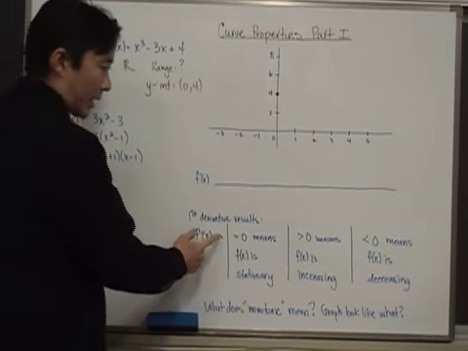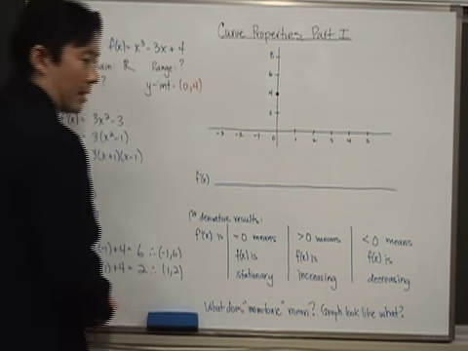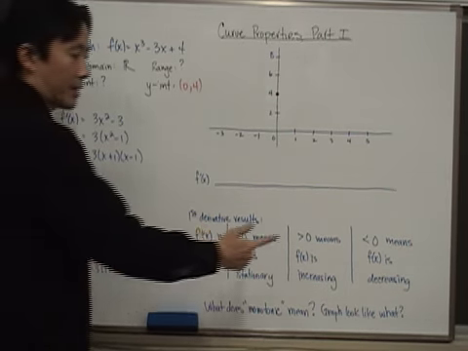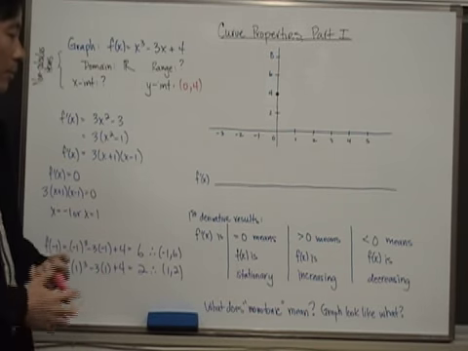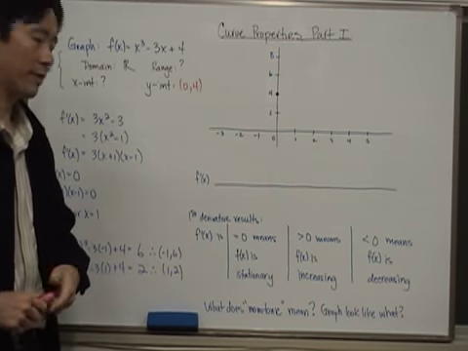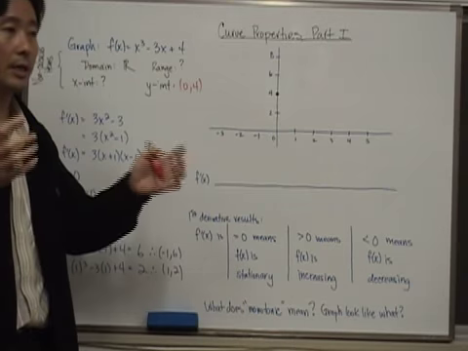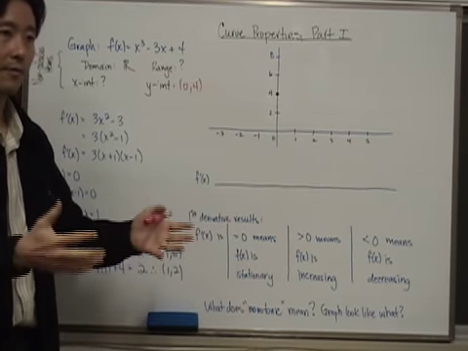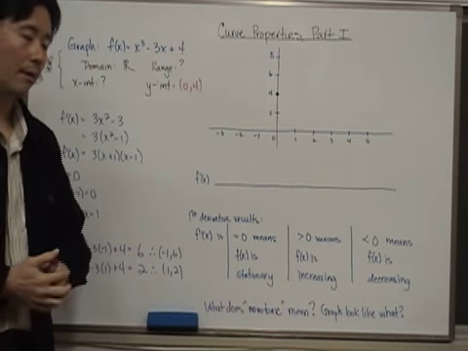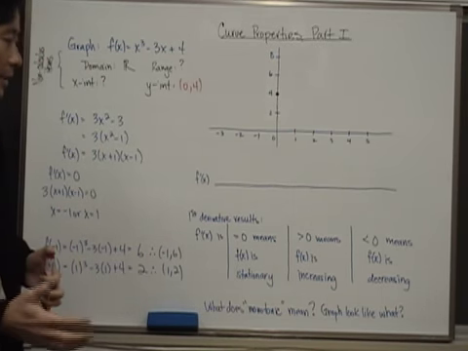If f prime of x is less than 0, that's going to mean that f of x is decreasing. Again, what we're doing is taking a look at the first derivative, and the most important thing is we're going to look at its sign value. Just like we did with the motion graphs, we looked at the sign value of the velocity. So we're going to just focus on the sign values.